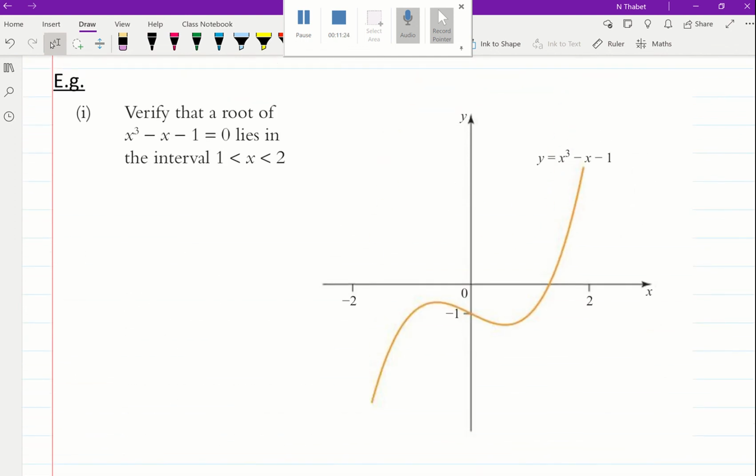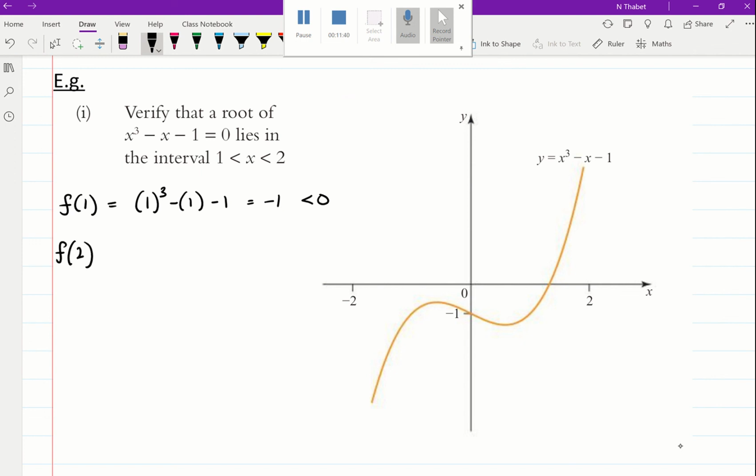So the equation already equals 0, so I'm going to substitute the value of 1. So 1 cubed minus 1 minus 1, which equals minus 1, and that's smaller than 0.